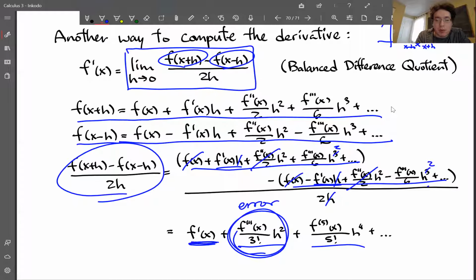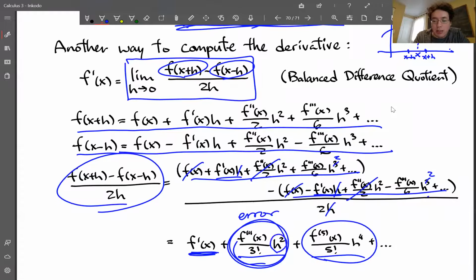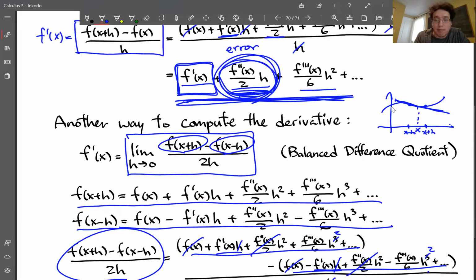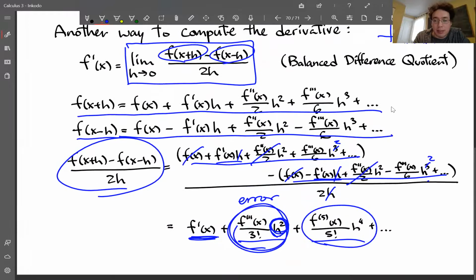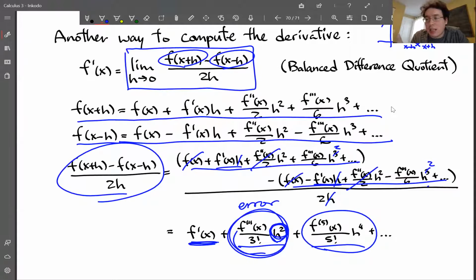F prime is what we want, and these things are much smaller, so you don't really care about that too much. Remember, the largest error now has the term h squared in it instead of h. So if h is like 0.001, when you square it, it's much smaller. So the error should be smaller for a small value of h.